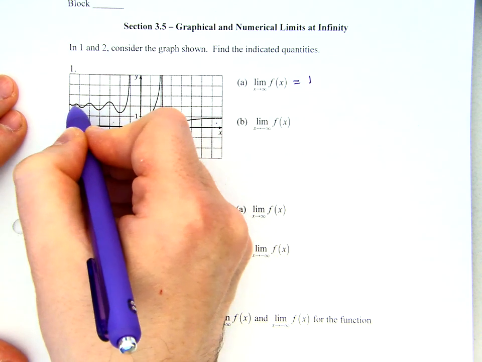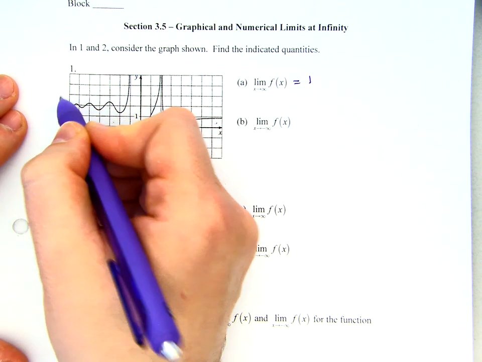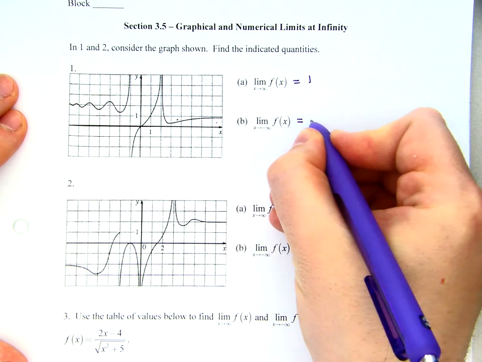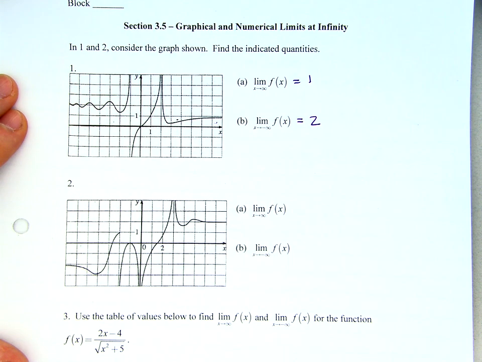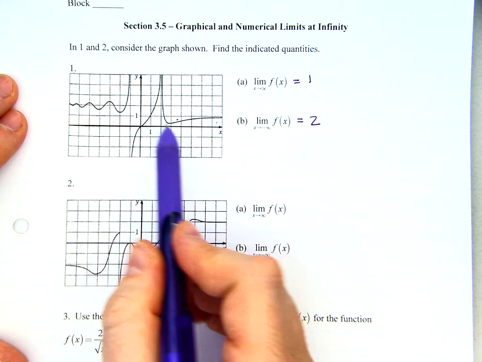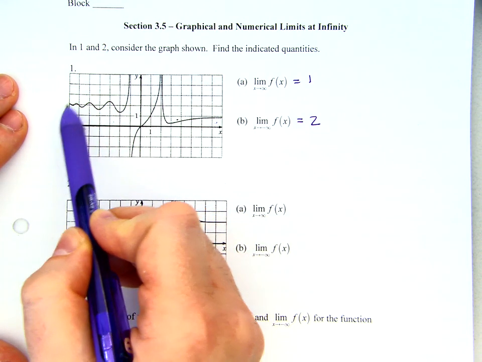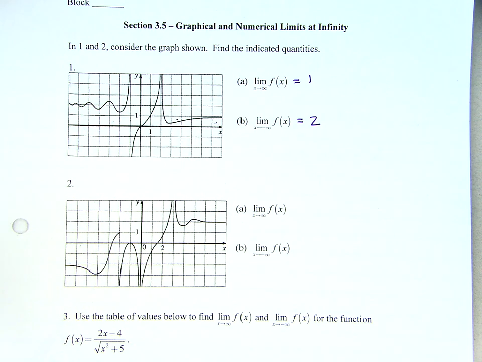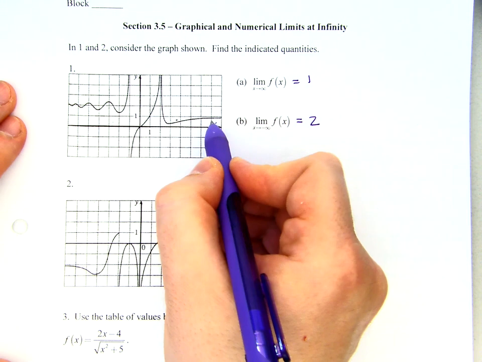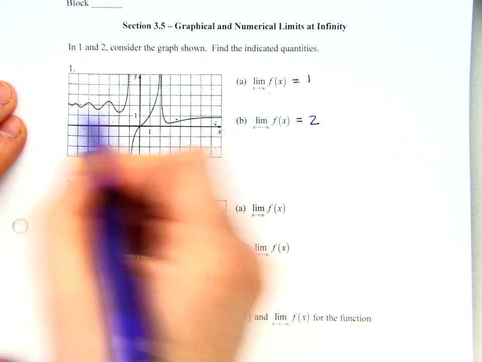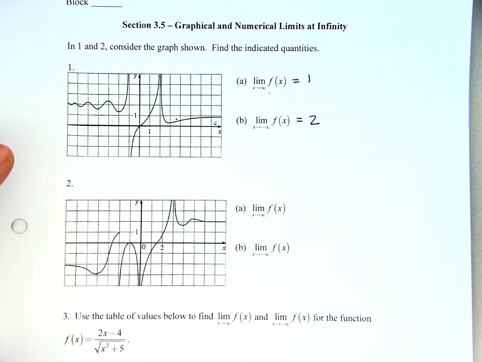Looks like it's kind of leveling out at a y value of 2. There is a lot of other stuff going on in this graph. There's a vertical asymptote there, another one there, kind of like some sort of sine behavior. I don't care about any of this stuff. Just what's happening far to the right for A and far to the left for B.